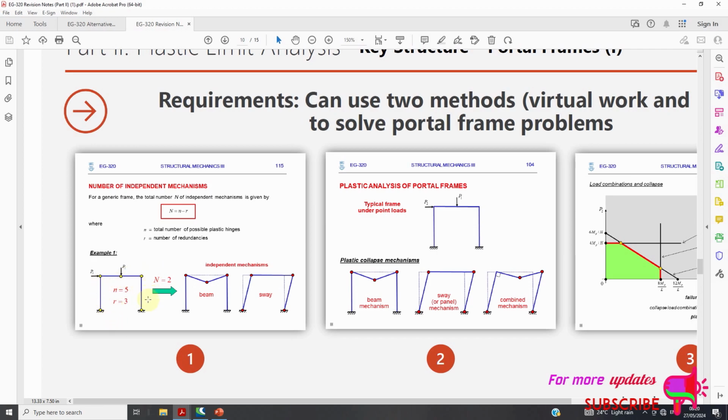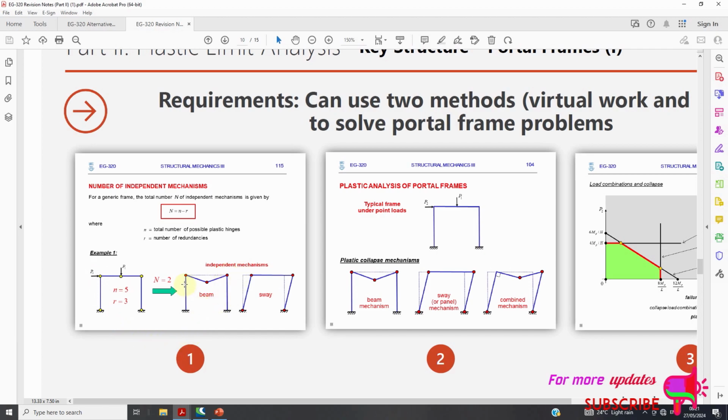Now this one is here because of this point load, so this point load is causing an extra plastic hinge here. Then at this corner we have one plastic hinge, this corner, and this corner.